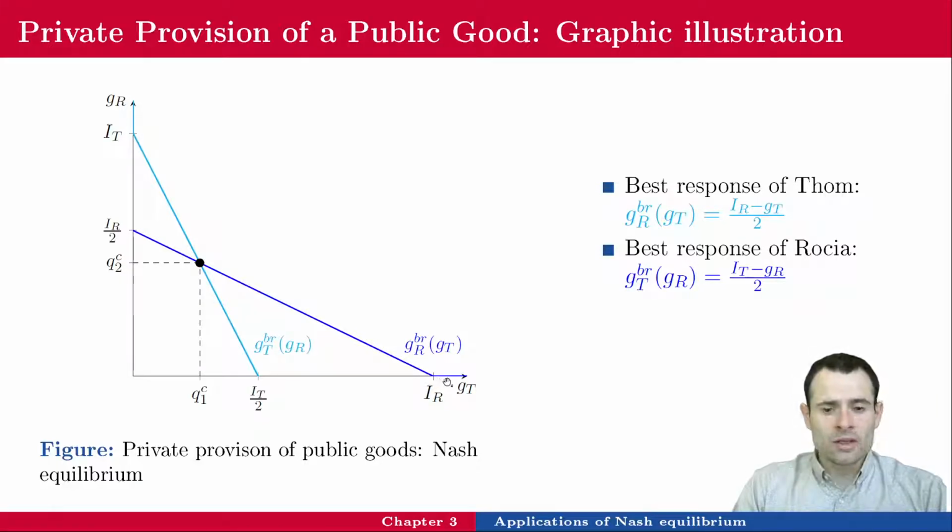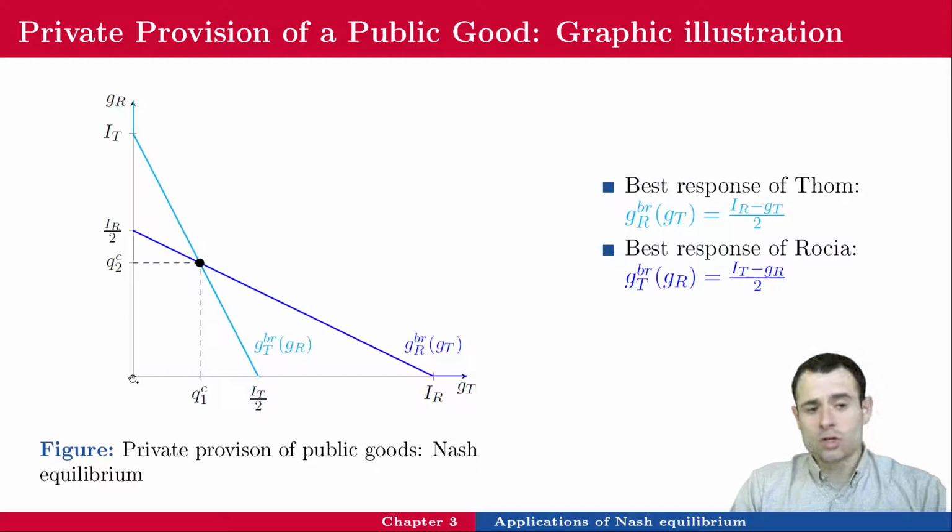If I do the same with Tom, his contribution is positive, so all those numbers are positive, until the contribution of Rosia is higher than Tom's income. Once the contribution GR is higher, then Tom stops contributing and he contributes 0. The best responses only meet here at one spot.